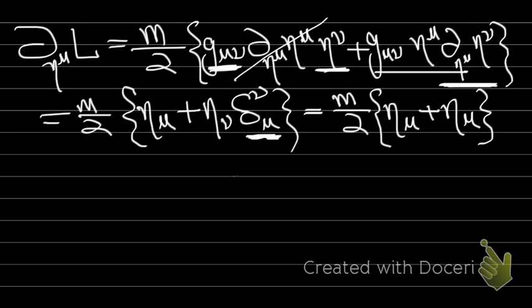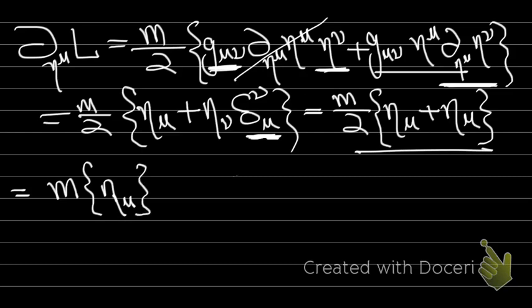So if you look at this, your 2's will go away and you would be left with m times eta mu, because this expression would give you 2 times eta mu, and the 2 would go away with this 2.